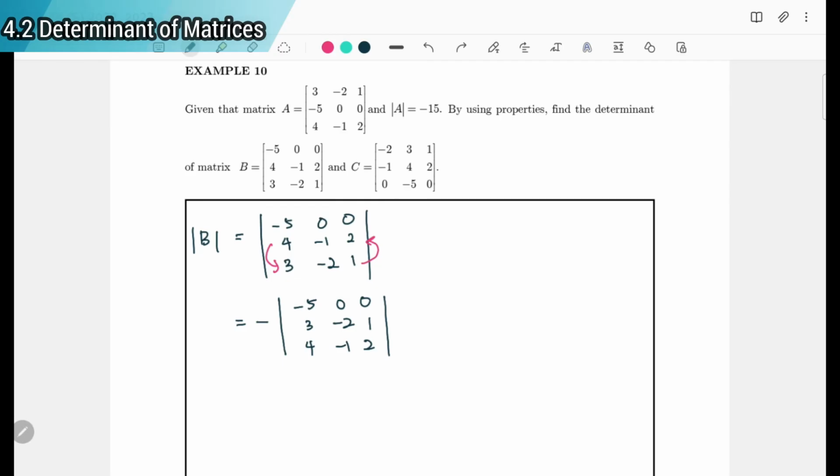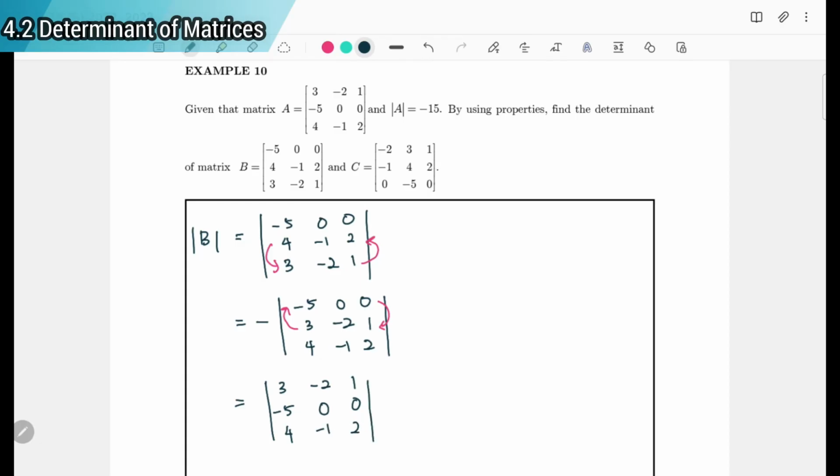Then if you interchange this row with the next row again, you need to multiply by negative again, so this will be positive. Then after changing the rows, you get 3, negative 1, 1, negative 5, 0, 0, 4, negative 1, and 2.